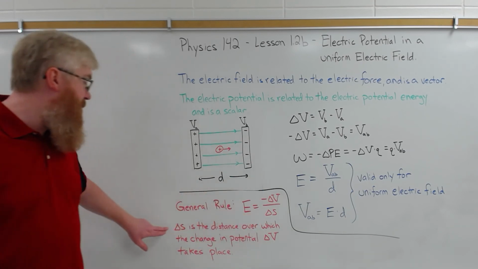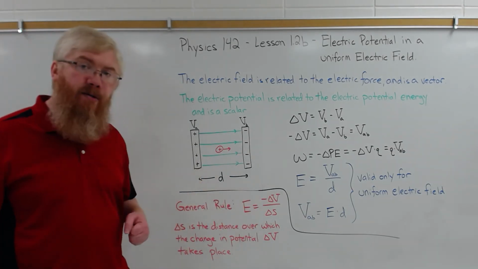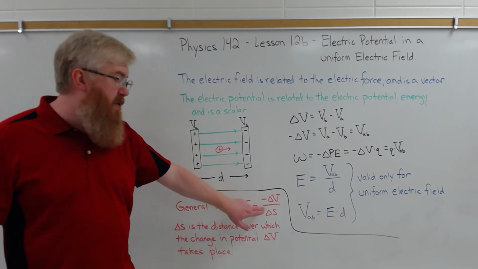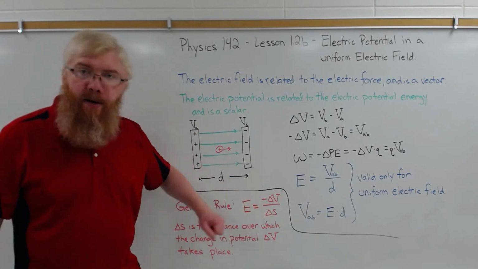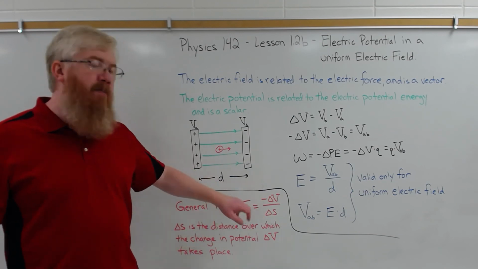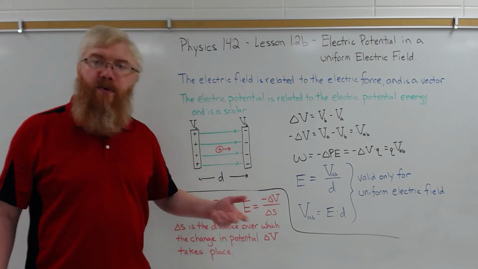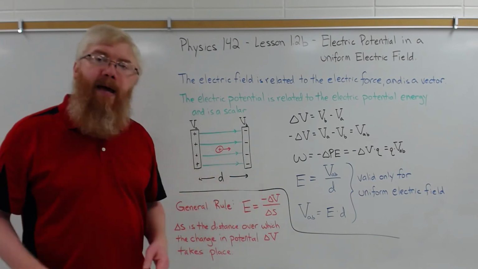Delta S is just the distance over where the change in potential delta V occurs. So if a change in potential of 10 volts occurs over 1 meter, this would be negative 10 volts over 1 meter. If the change in potential is 3 millivolts over a centimeter, then it's negative 3 millivolts over 1 centimeter. So this relates the electric field and the electric potential.